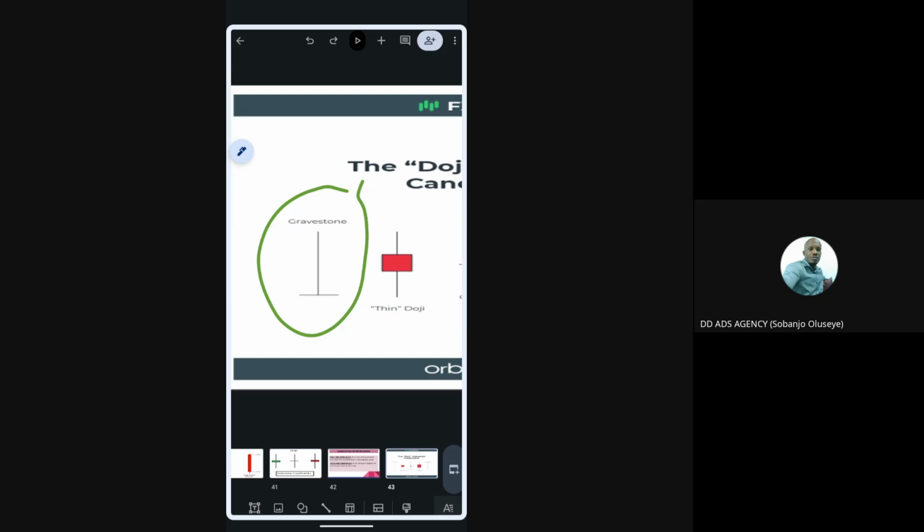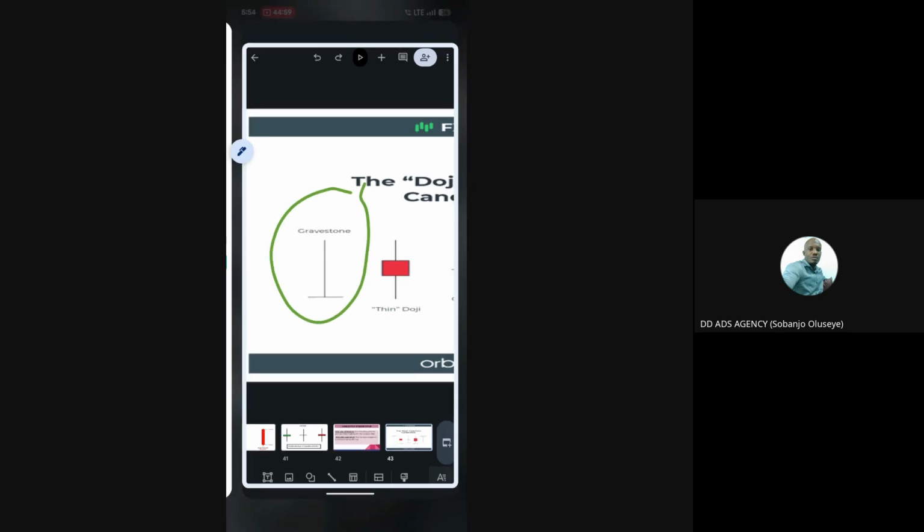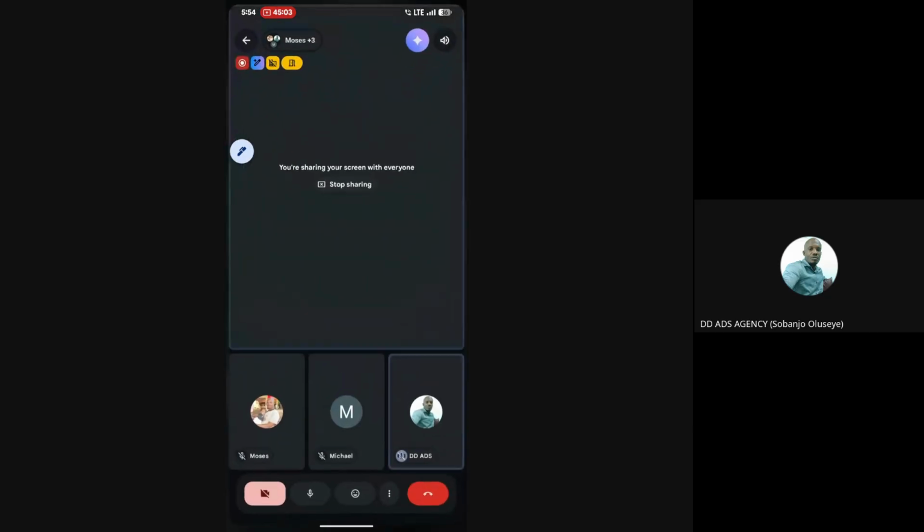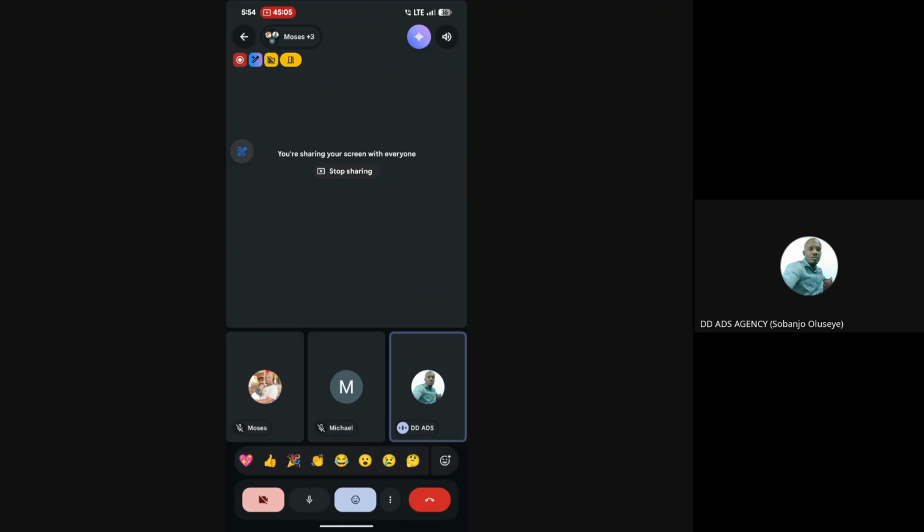It opened at the bottom, and that means it's a bullish candle. Then it went up. The buyers pushed it up, and when it got to the top, it got to a certain extent. The sellers now started pushing it down completely, and in short, down back to where it started. That's the little I can explain based on this.